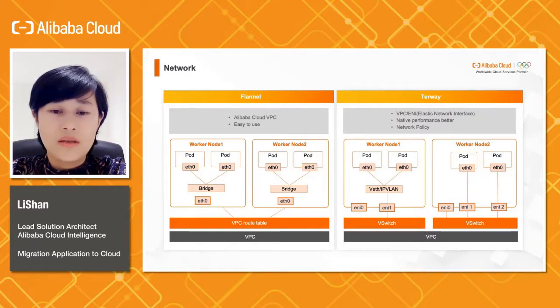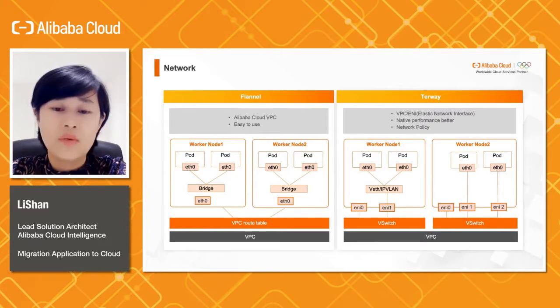So how to choose them? There is some experience you could reference. If your application will use network policy, or needs high network performance, or will use some special features such as shared VPC, we suggest you choose Terway network.